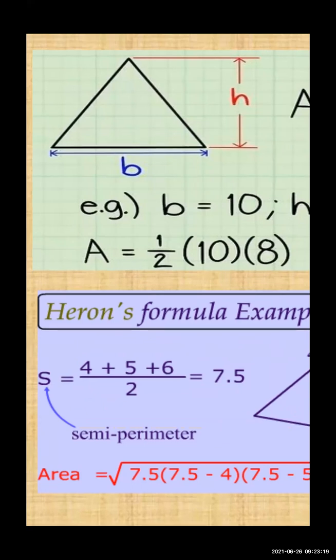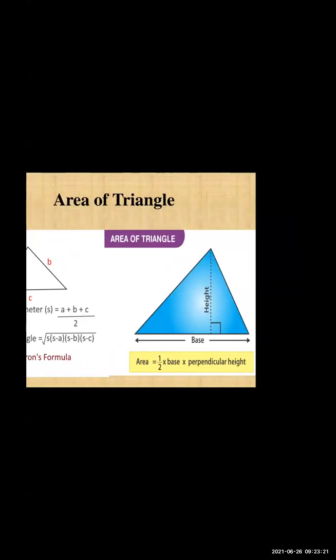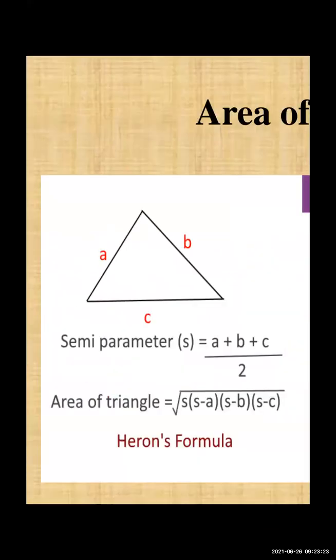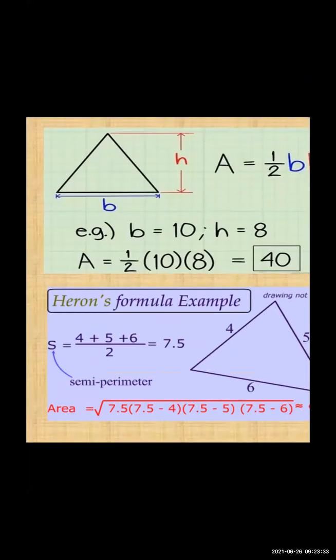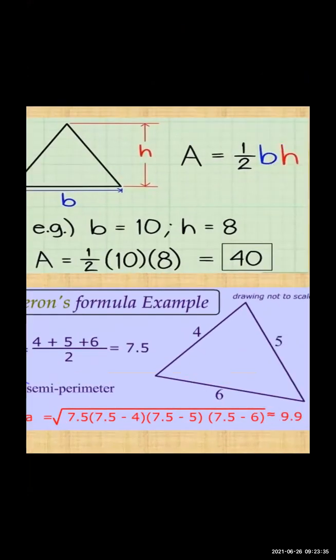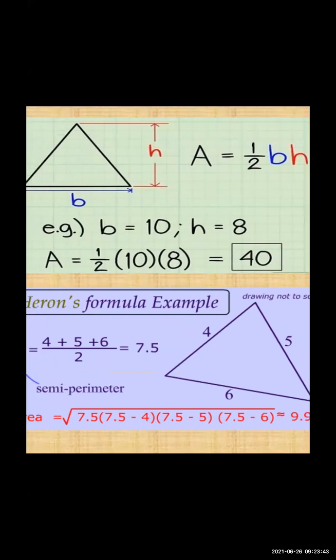Put in the formula. What is the formula for area of triangle for Heron's formula? That is square root of S into S minus A into S minus B into S minus C. So after solving this, under root of 7.5, that is S, into S minus A, that is 7.5 minus 4, then S minus B, 7.5 minus 5, and 7.5 minus 6.